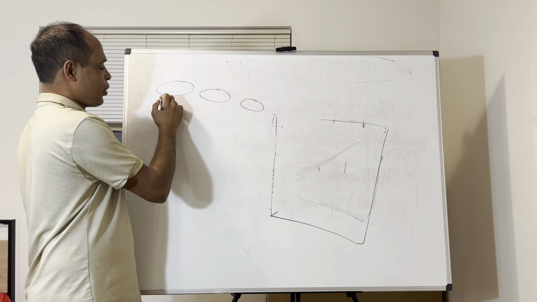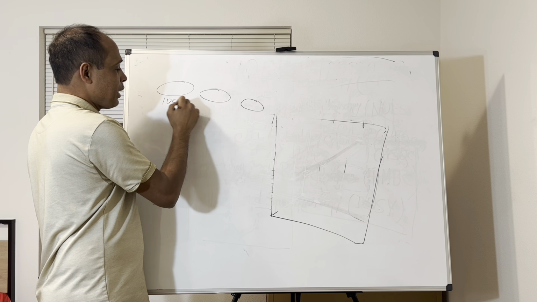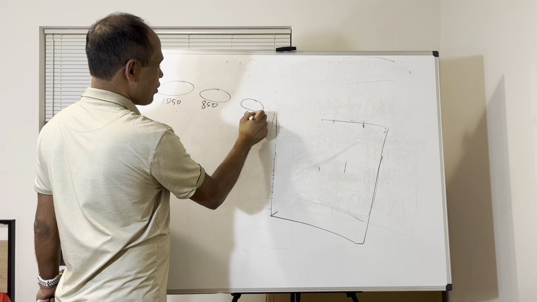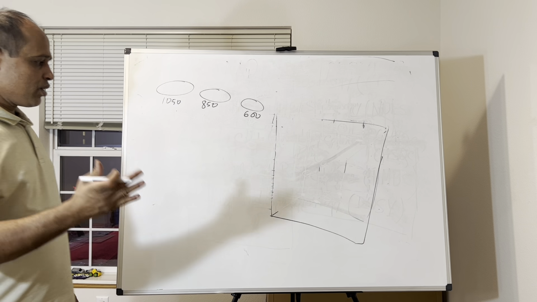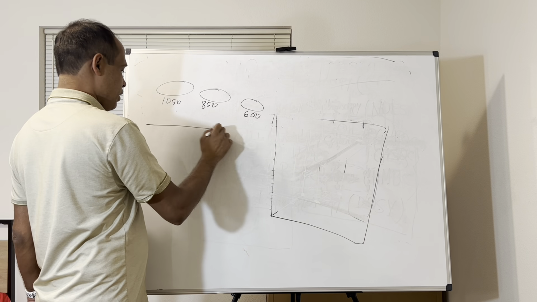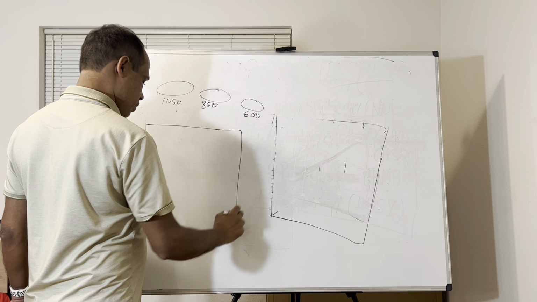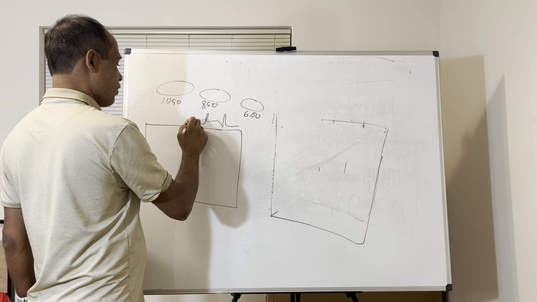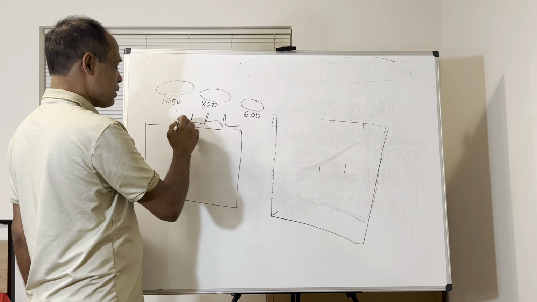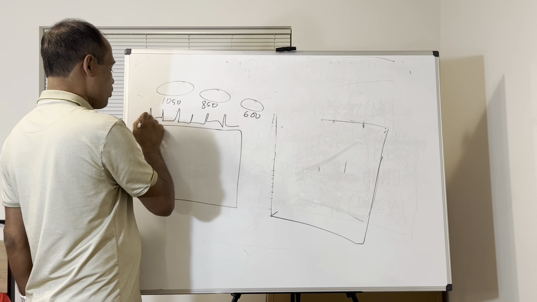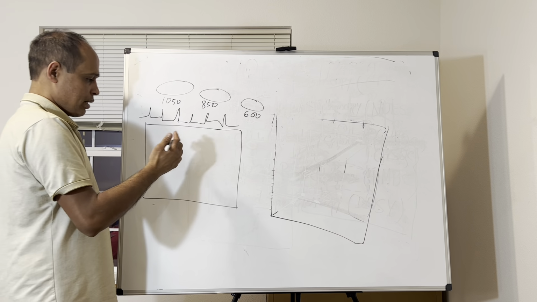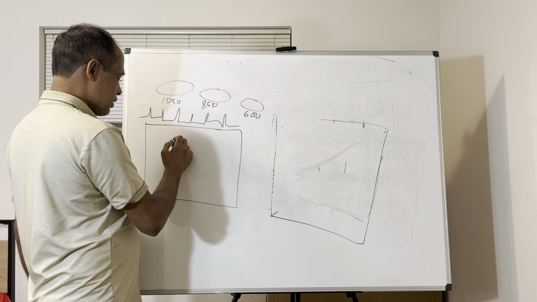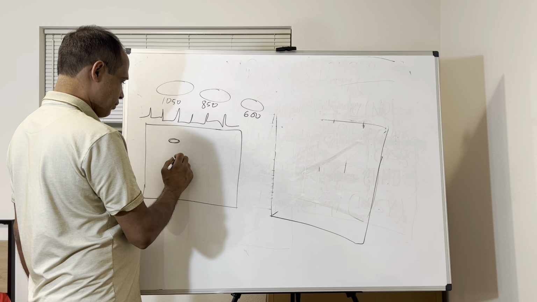In terms of molecular weight, suppose it is 1050 and it is 850 and it is 600. Okay, and now you can do the DOSY NMR, and in DOSY NMR it will show you all of the protons that the molecules have, every proton here.